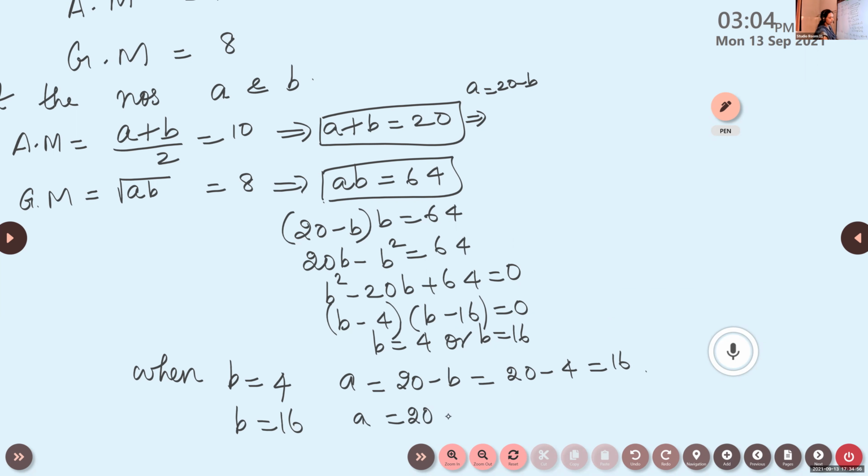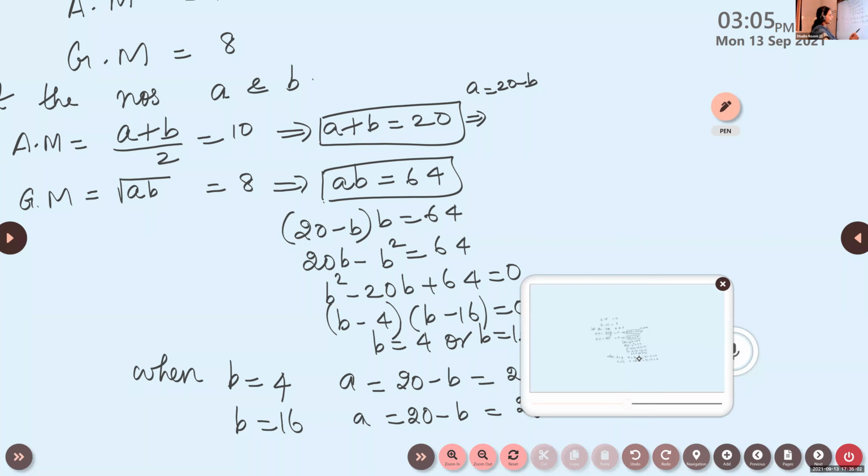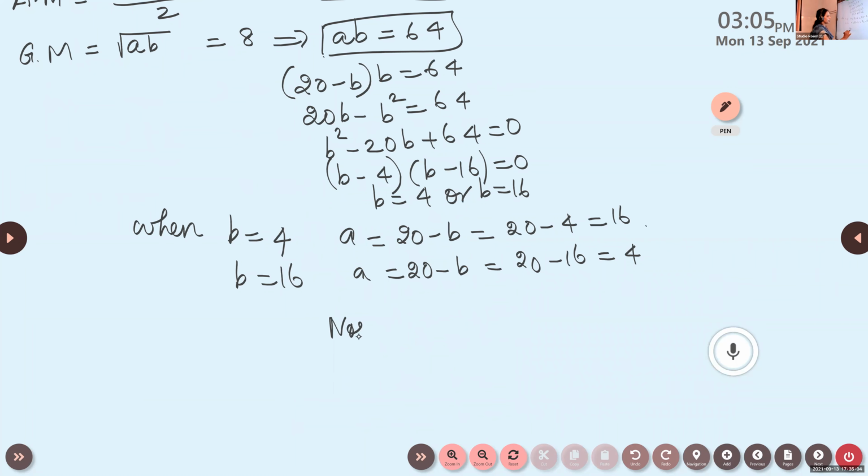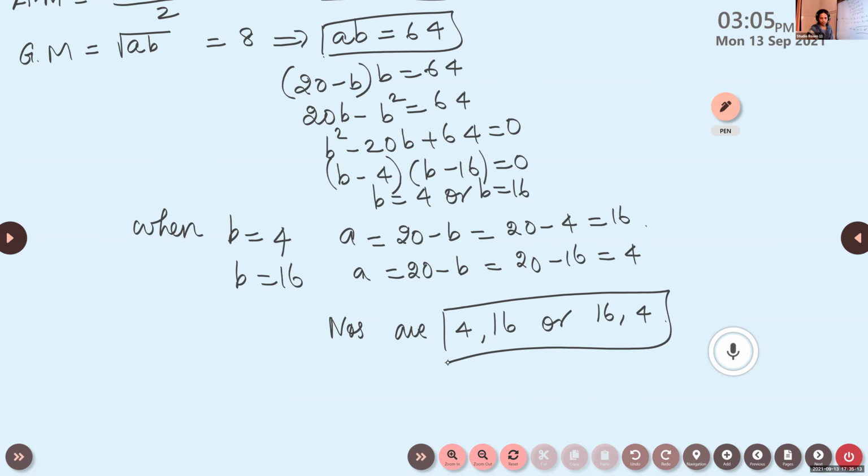A is 20 minus B, which is 20 minus 16, which is 4. Therefore, the numbers are 4 and 16, or 16 and 4.